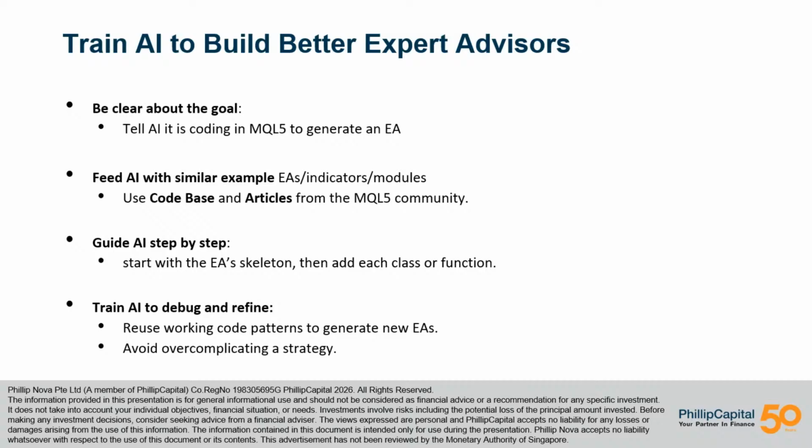Okay, and then let it sum up and create a whole script for you. And note that sometimes if your strategy is complex, of course, there will be errors, there will be bugs, and you need to train your AI to get used to the errors by feeding them with those errors and then debug.